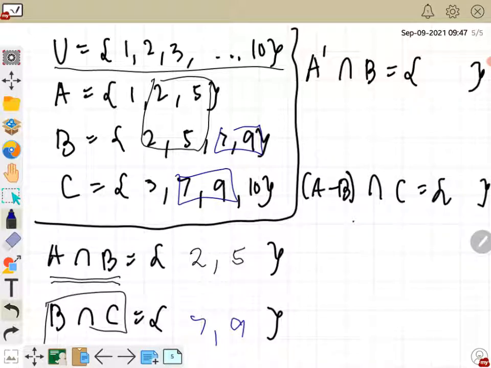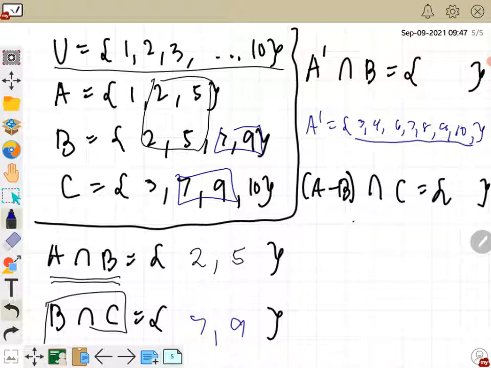That's that. How about if we're going to have A complement and B? Intersection of A complement and B. So let's find first A complement. So A complement are the set of all elements in the universal set that you can't find in A. So since A is 1, 2, 5, the A complement is 3, 4, 6, 7, 8, 9, 10.